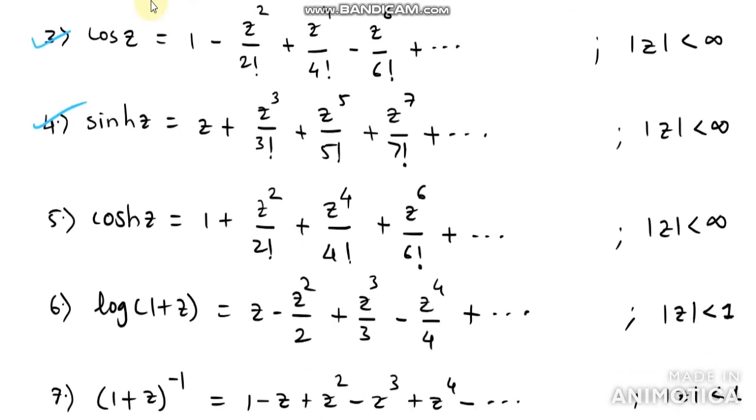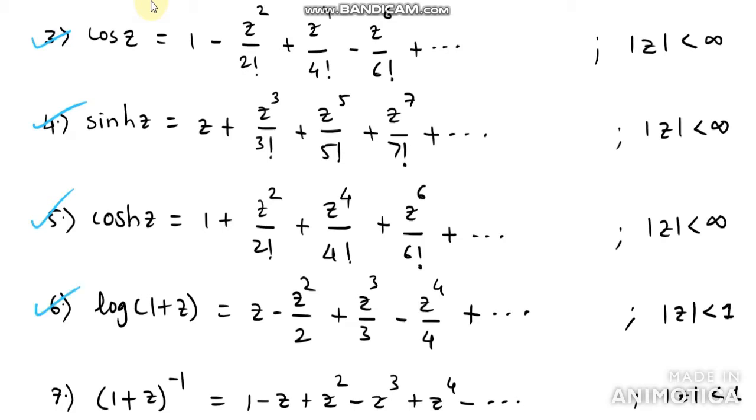Now the fifth one, cos hyperbolic z is equal to 1 plus z square divided by 2 factorial plus z raised to 4 divided by 4 factorial plus z raised to 6 divided by 6 factorial plus and so on. This expression is also valid for modulus of z less than infinity.